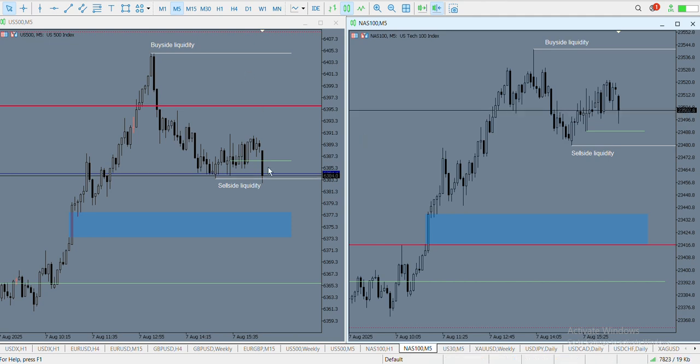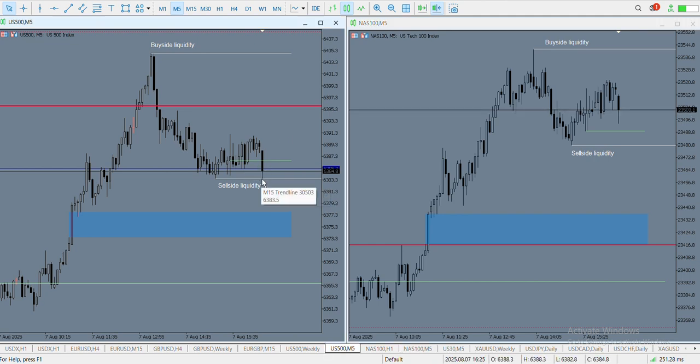So I talked about this sell side here. I talked about if we go below this sell side, I want to see how price reacts, how it trades below this low. Because if we are really, really bullish, then I'll anticipate price to check that sell side and expect smart money to buy into this sell side, and then we start moving higher.